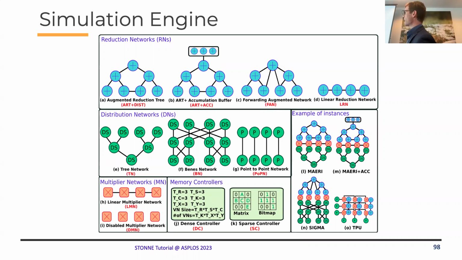And then, by smart combination of these components, by plugging them together, we can configure MAERI, SIGMA, TPU, and also SnaPEA, which is another one that we present here as a use case, etc.